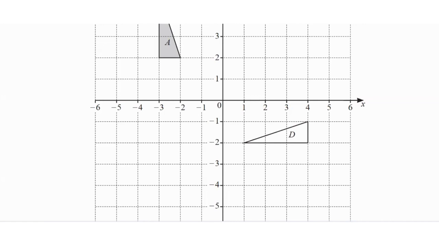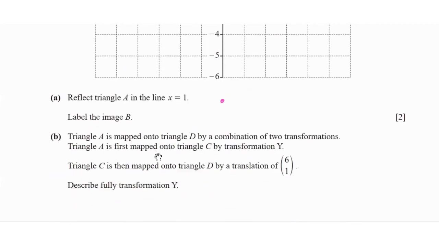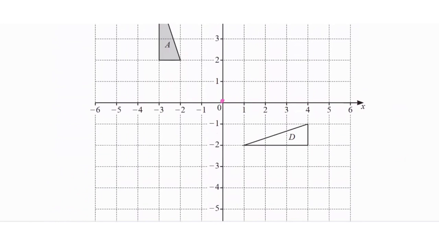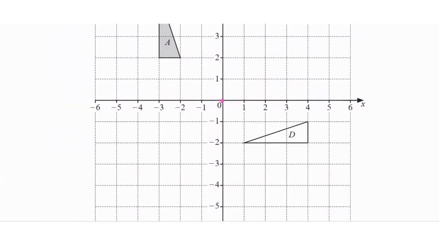And your center of rotation would be 0, because the translation vector was (6, 1), right? So if we move it back 6 units, 1, 2, 3, 4, 5, 6, this will come over here and 1 unit down, sorry.